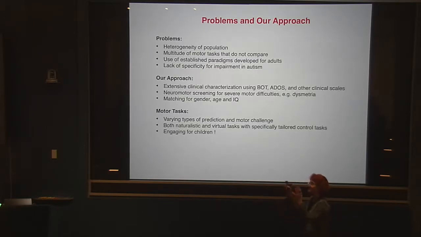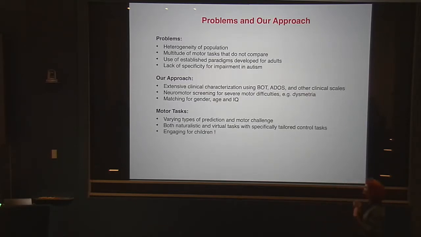People choose tasks that they have in their lab, and then it is very difficult to generalize over different studies from different labs, with different motor paradigms. There is also a tendency to use paradigms that you already have, often developed for adults, hence you have a normative database for neurotypical adults, and use them for children. Such paradigms are not specifically developed for children, nor for autism.